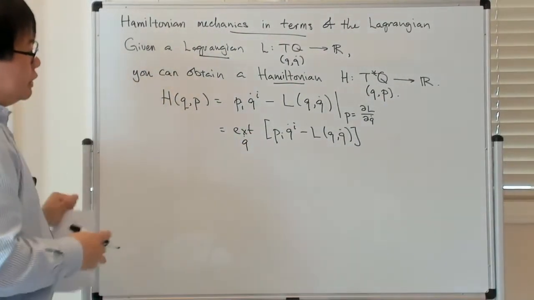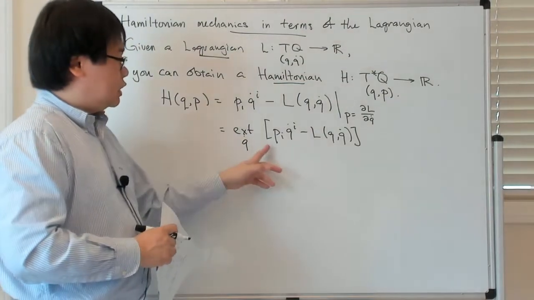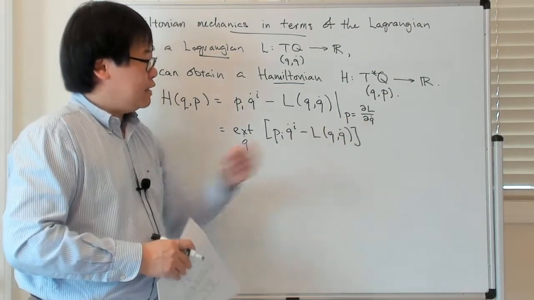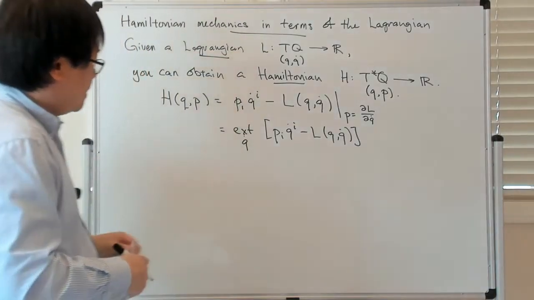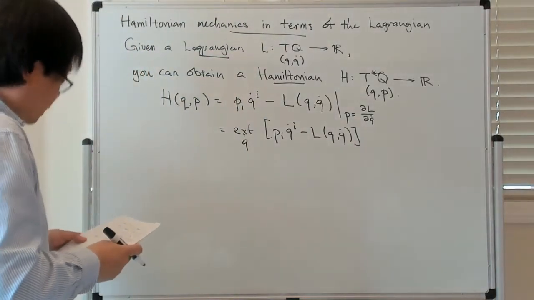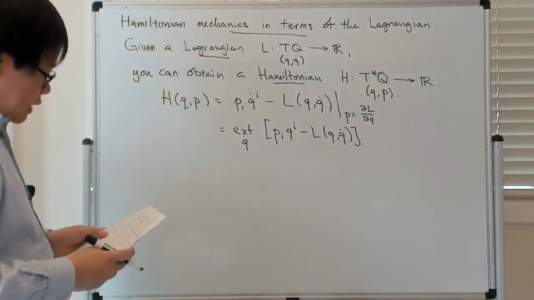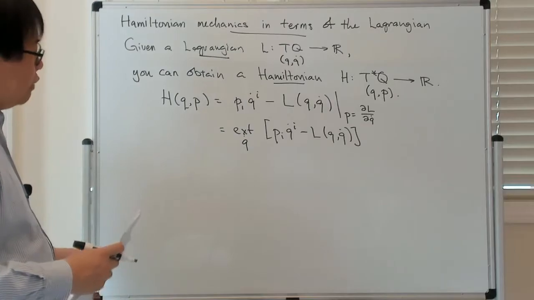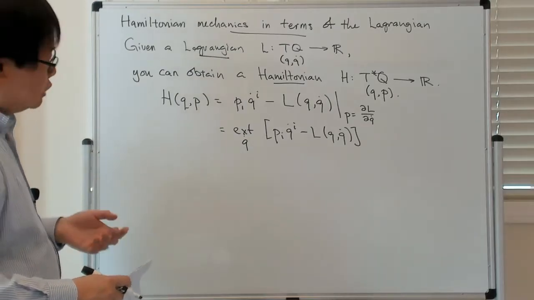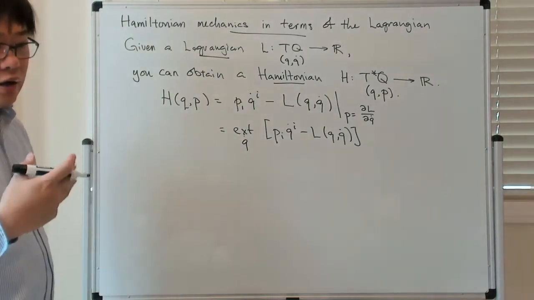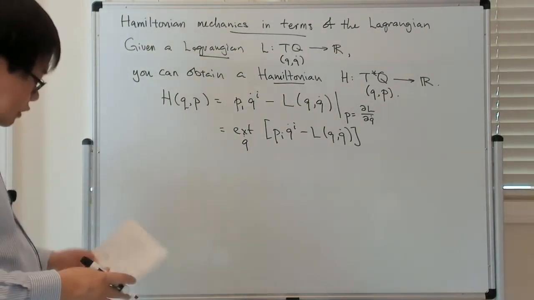Okay, and then it's easy to convince yourself that the stationarity condition for extremizing over Q dot is exactly the condition that P is equal to dL/dq dot. Okay, all right. So anyway, this gives you a Hamiltonian in terms of the Lagrangian. You can play around with it and think of it as giving you an expression for the Lagrangian in terms of the Hamiltonian, and then maybe substituting that into Hamilton's principle.